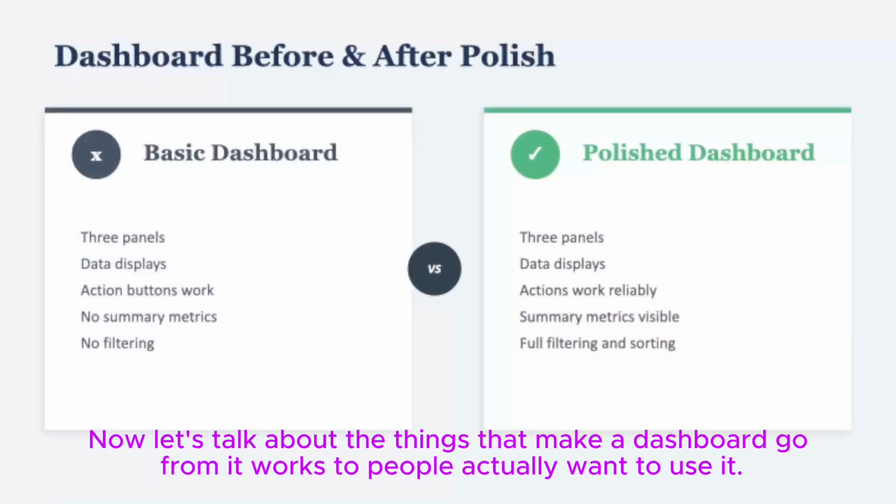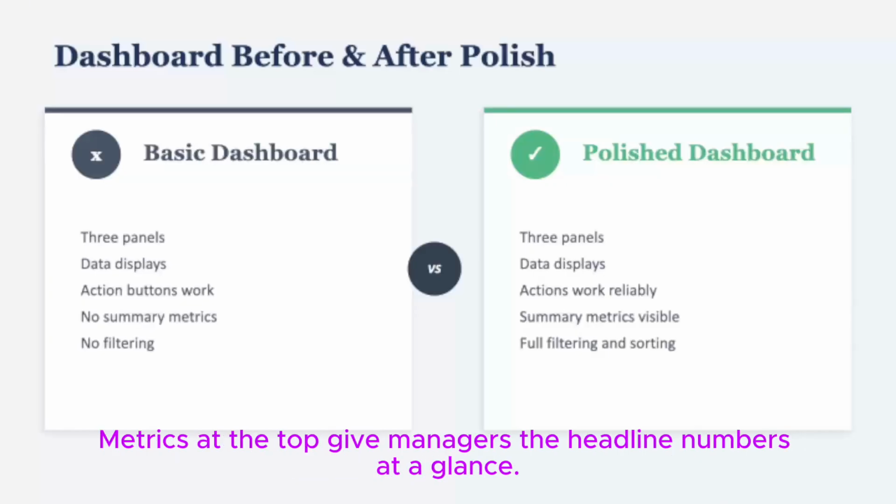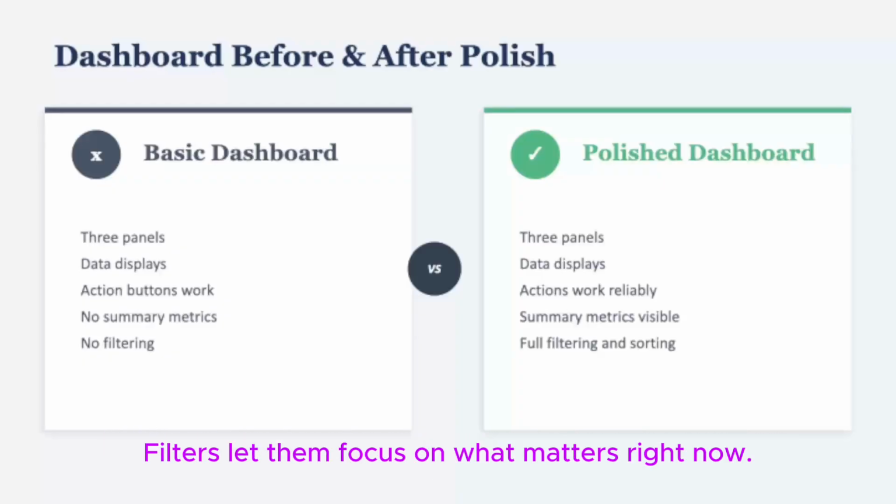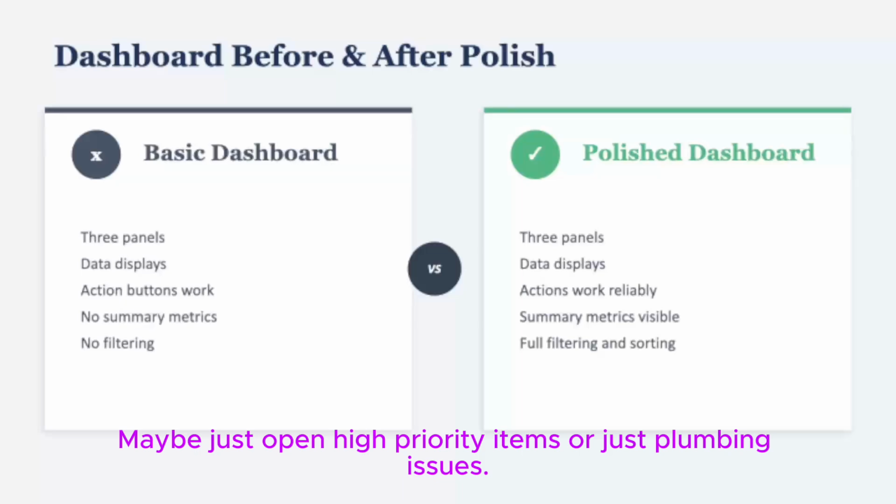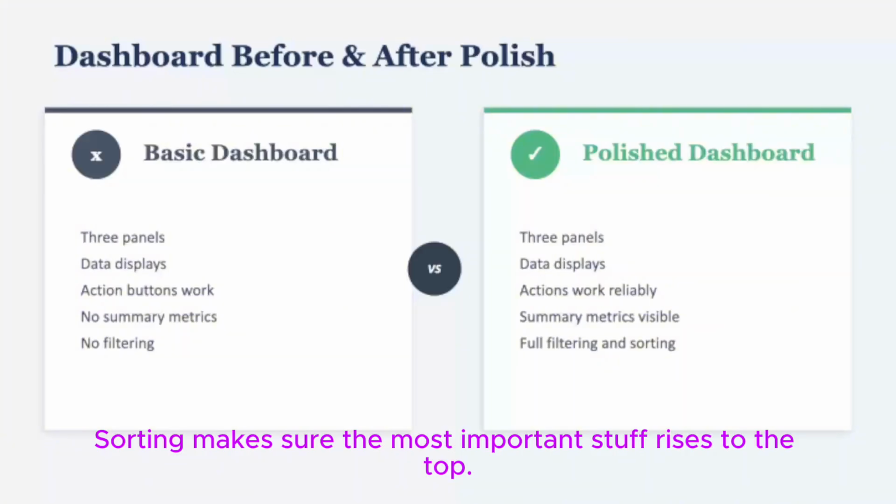Now let's talk about the things that make a dashboard go from it works to people actually want to use it. Metrics at the top give managers the headline numbers at a glance. Filters let them focus on what matters right now, maybe just open high priority items or just plumbing issues.